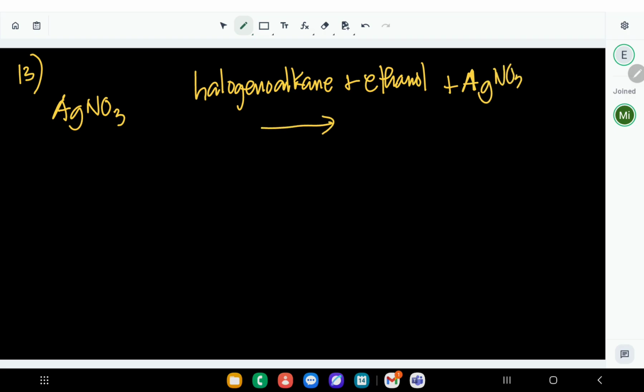So this produces a white precipitate. So we need to determine the halogenoalkane.